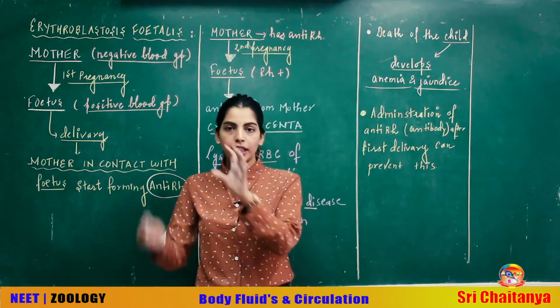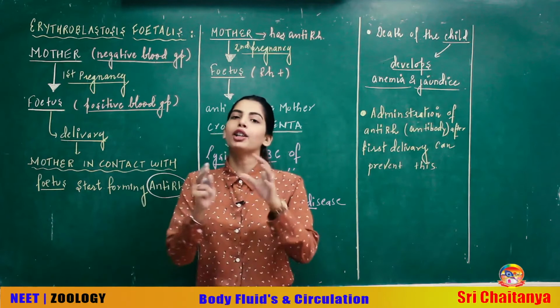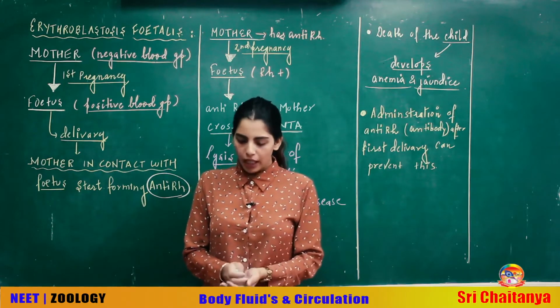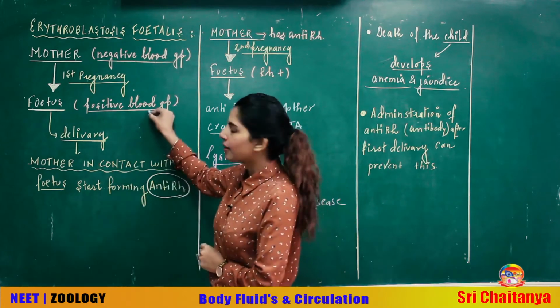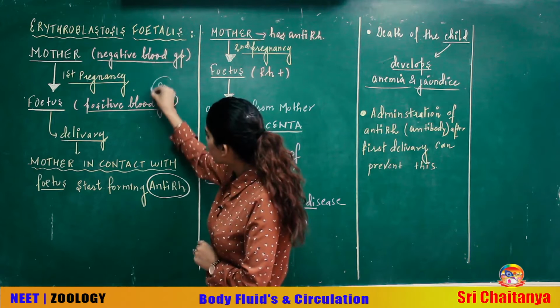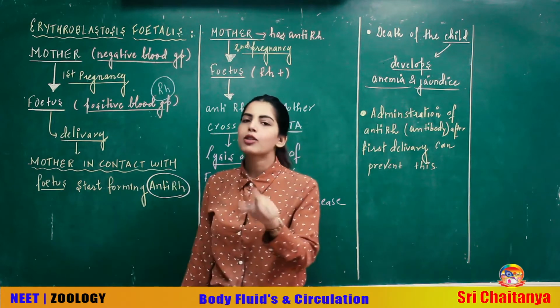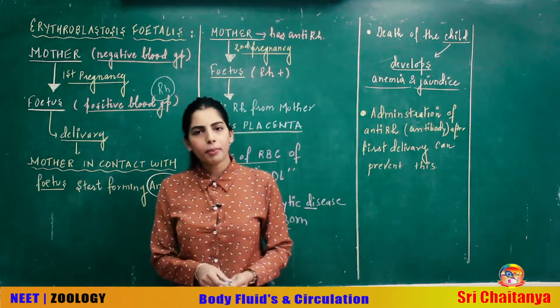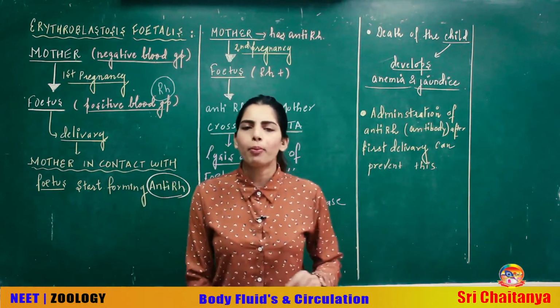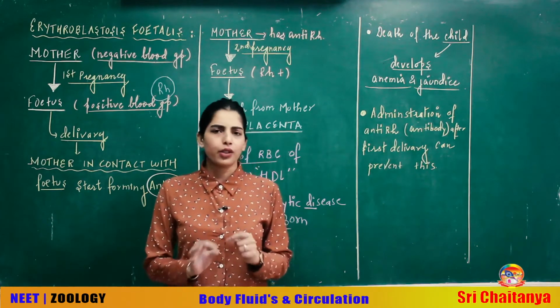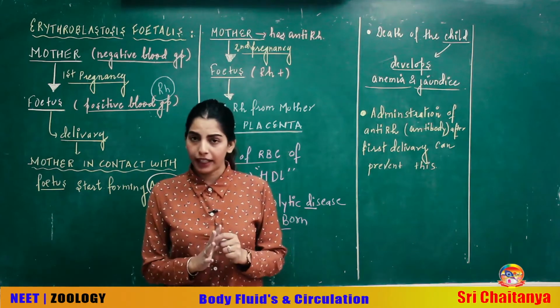So listen carefully, the mother should be negative blood group, and during the first pregnancy, the fetus should be positive blood group. When you say positive blood group, that means the fetus has the Rh antigen on its surface, whereas the mother does not have any Rh antigen. But during the first pregnancy, there is no problem because the placenta is acting as a barrier. So there is no problem during the first pregnancy.